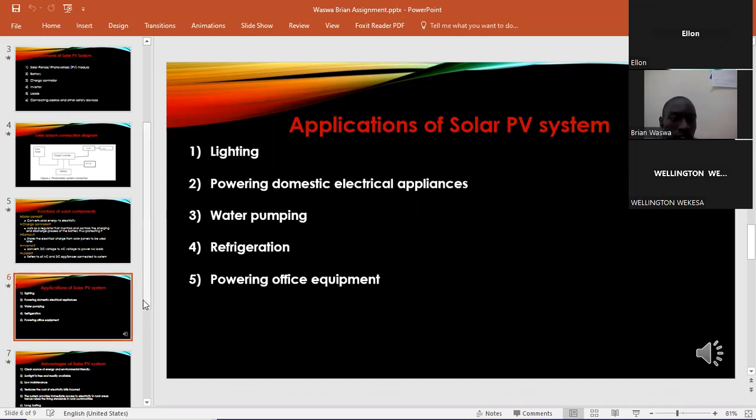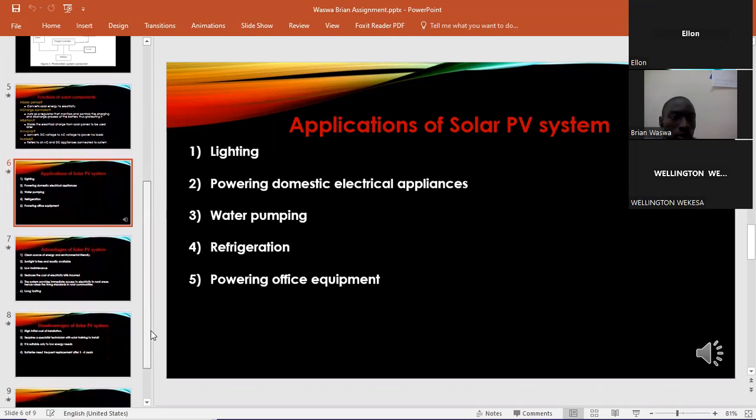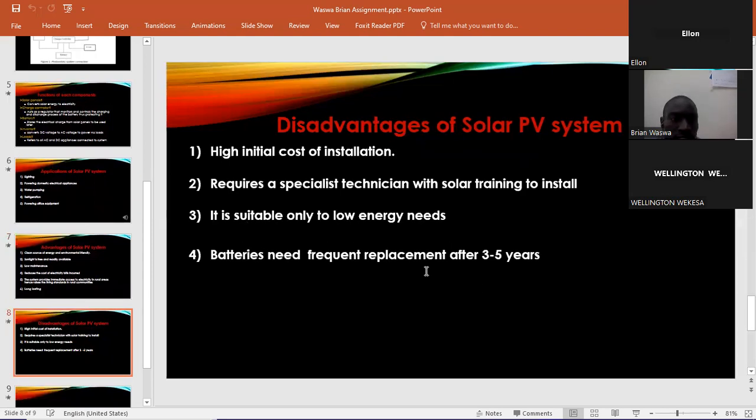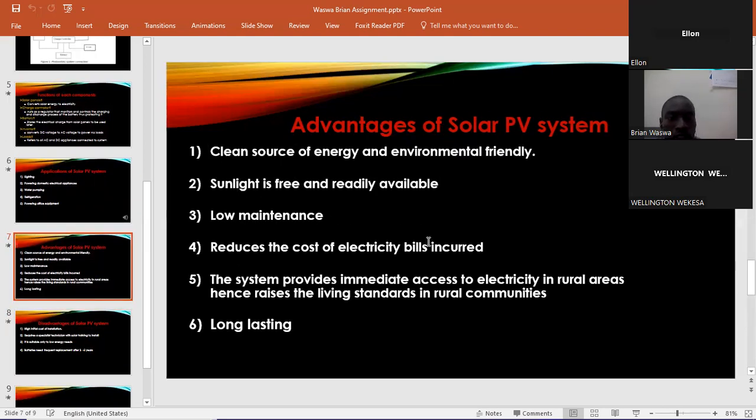Then after finishing that, now we go to the advantages of a solar PV system. The first one is that a solar PV system offers a clean source of energy because it is environmentally friendly. Another advantage is that sunlight is free and readily available anywhere, irrespective of geographical location.